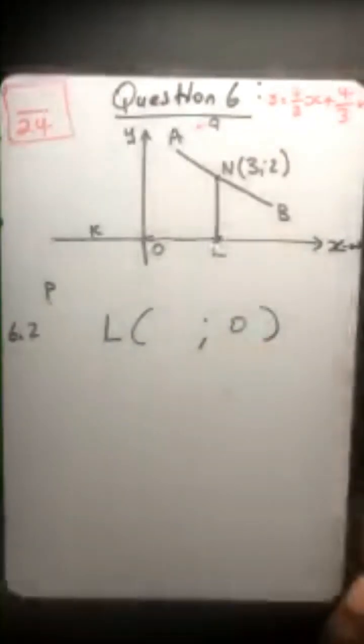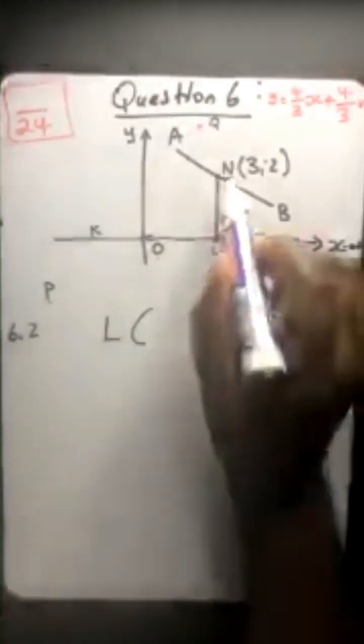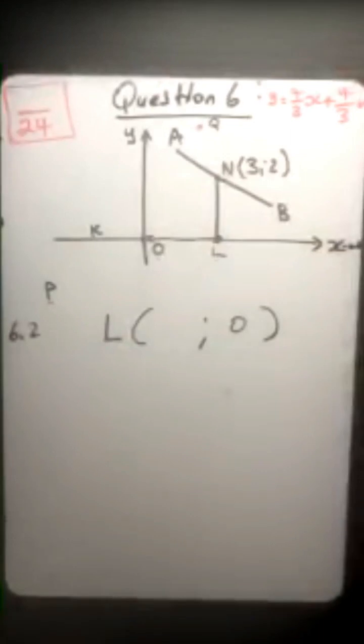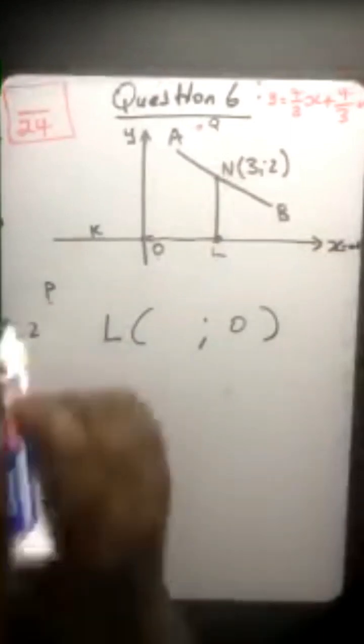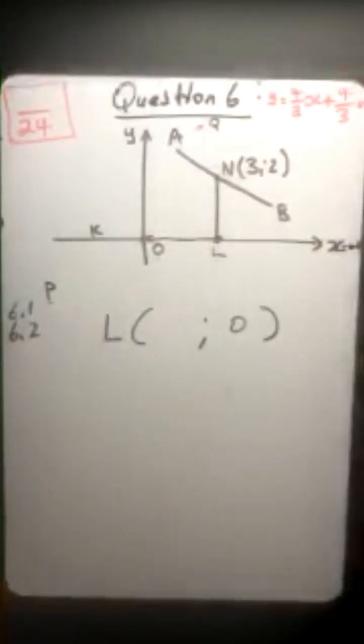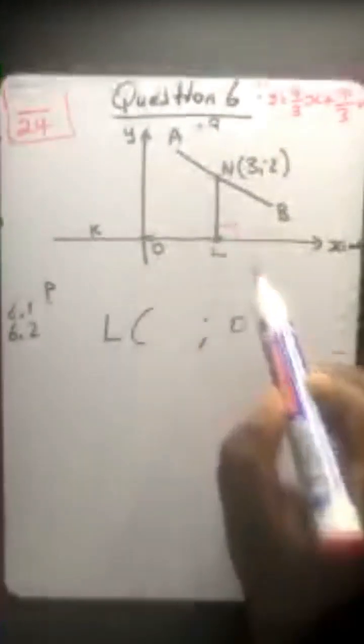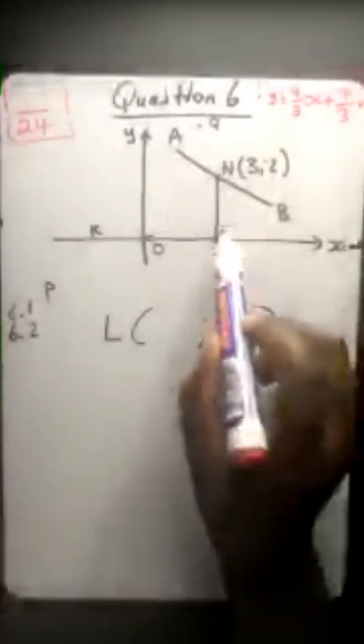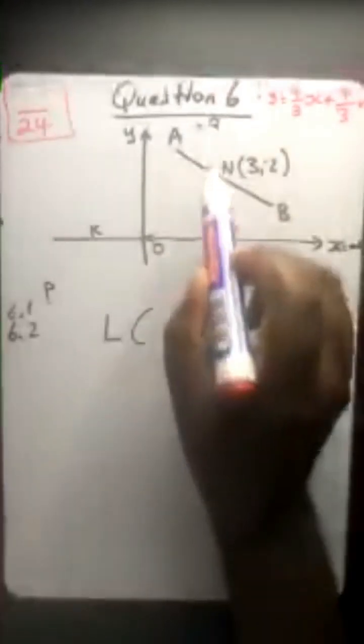But luckily, we are given the coordinates of N. And this line is a vertical straight line. How do I know it's a vertical straight line? Because on 6.1, the examiner tried to give us a hint in the form of a question where they are saying we have a 90-degree angle there, which is an indication that this is a straight vertical line.